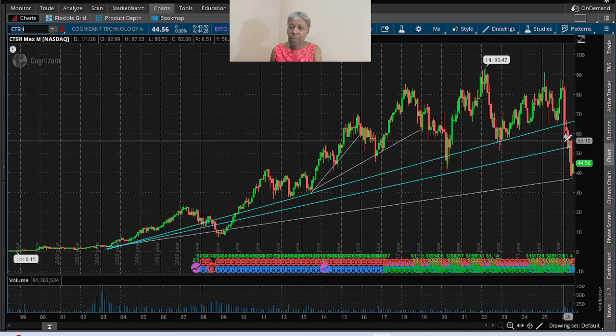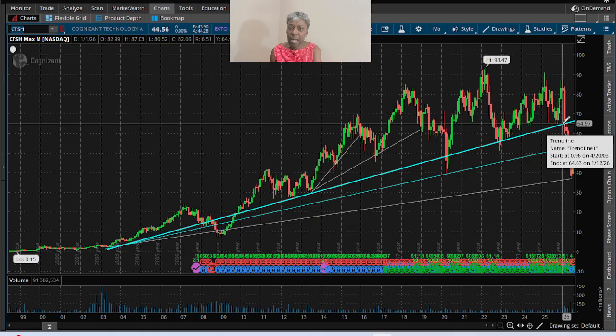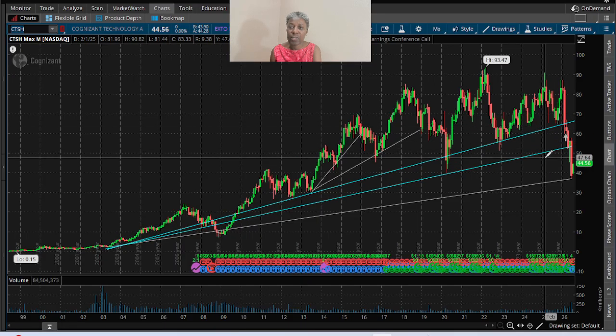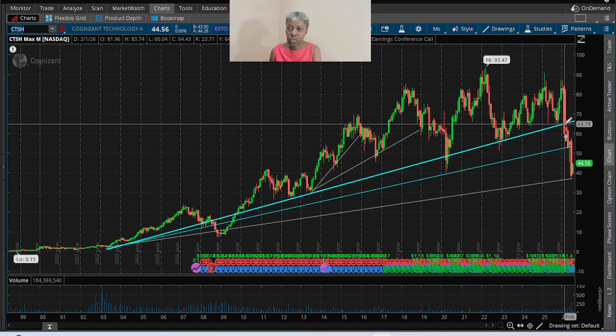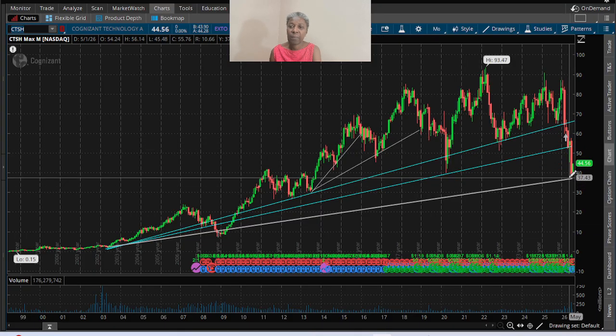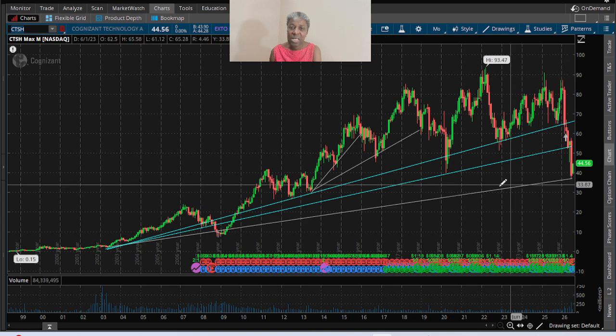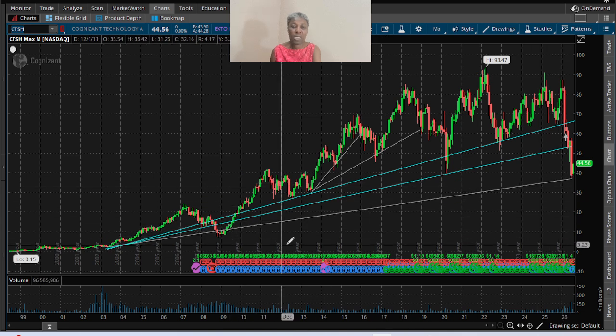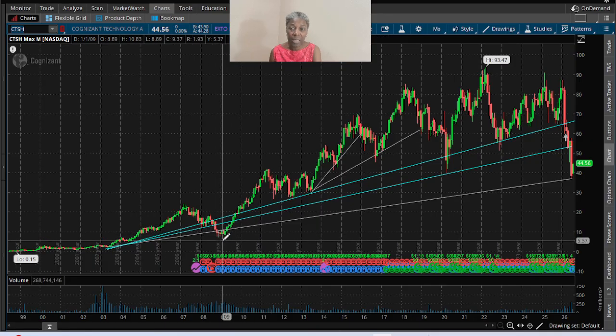I have those support lines that I'm thinking it is going to touch. I purchased it when it touched this one and started going down again, shortly before it touched this. But then it came back down to this one that it has not touched since 2009.